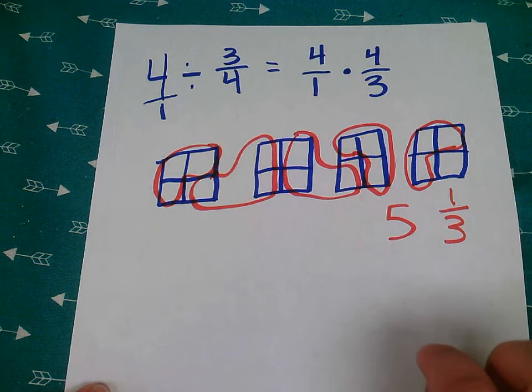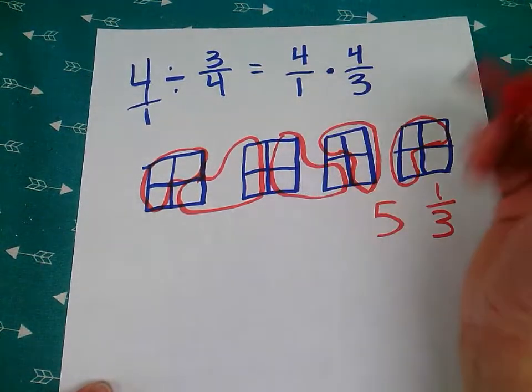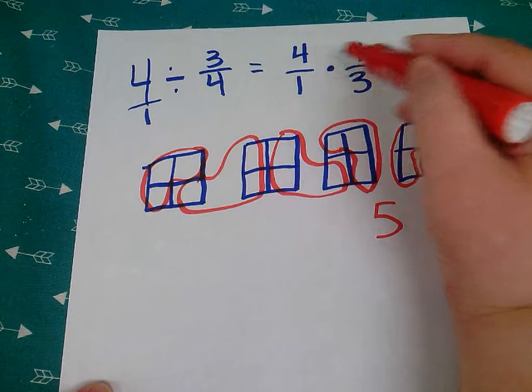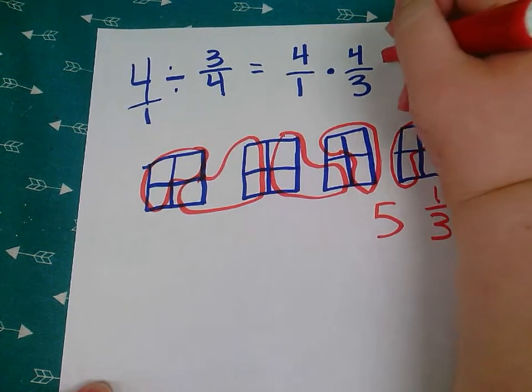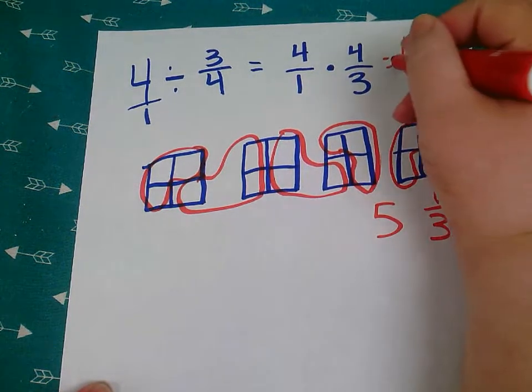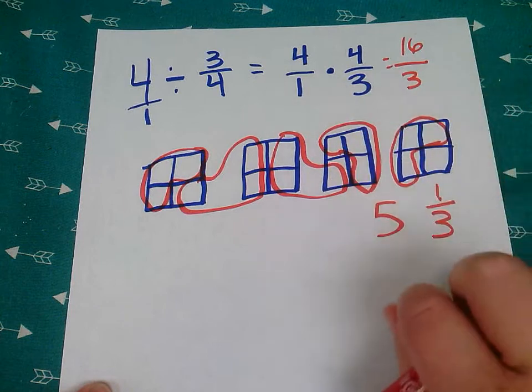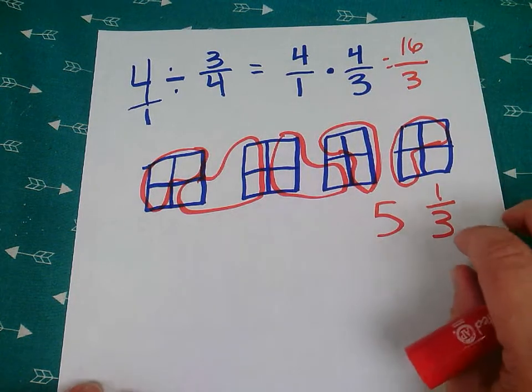So I can double check to see if that is correct. I can solve this problem and go, okay, 4 times 4, that is 16. 1 times 3, that is 3. And I had nothing to cross reduce. That's why I just multiplied straight across.